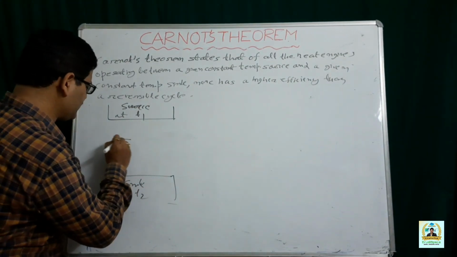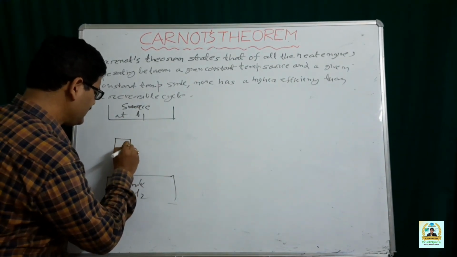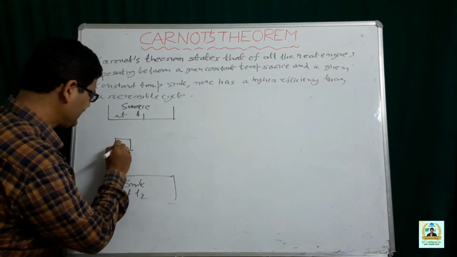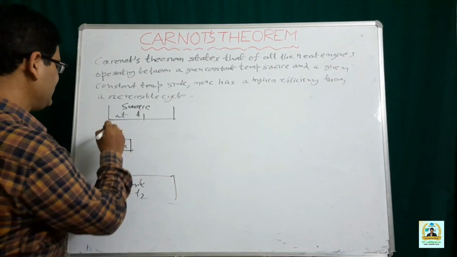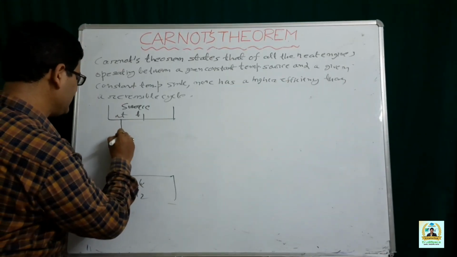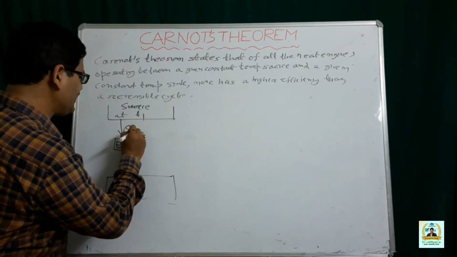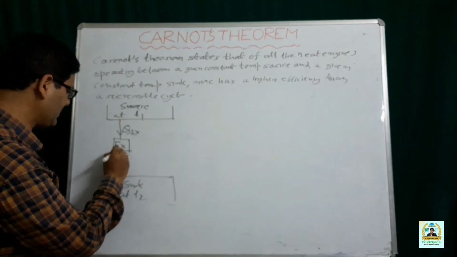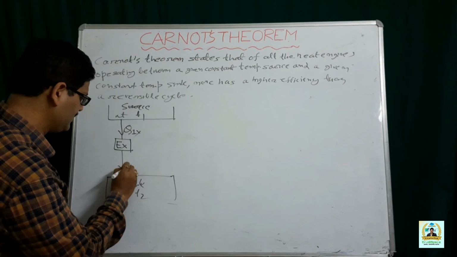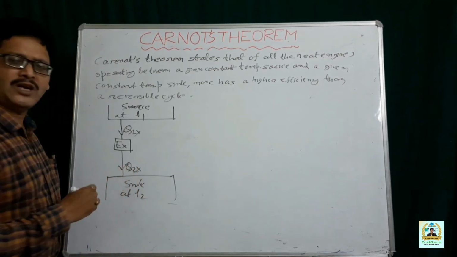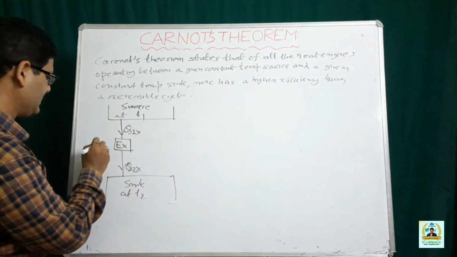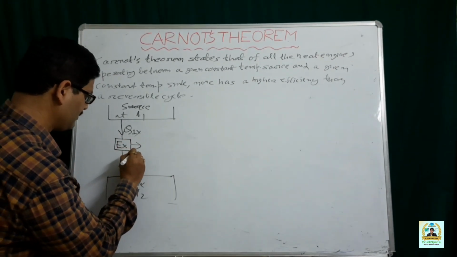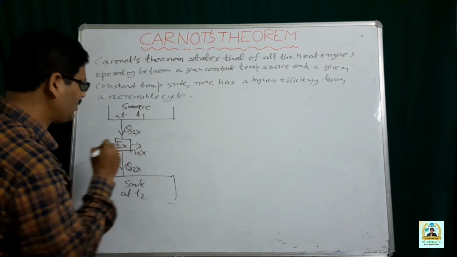Let us consider first an irreversible heat engine, let it be EX. It is extracting Q1x amount of heat from the source and delivering Q2x amount of heat to the sink, and it is producing Wx amount of work during the cycle.